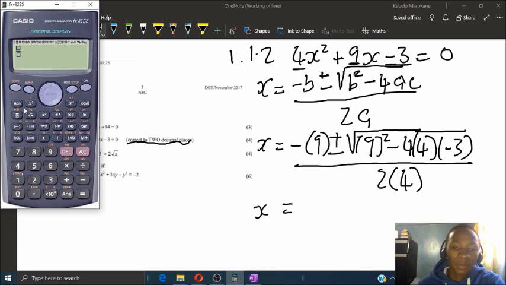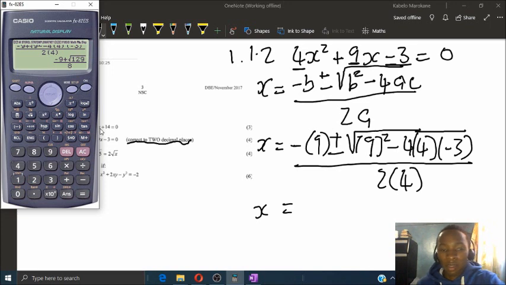I have mine here and it says minus 9 plus the square root of 9 squared minus 4 into bracket 4 into bracket minus 3, all over 2 times 4.